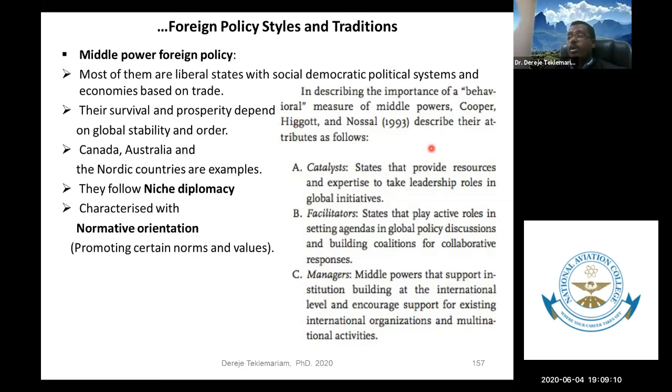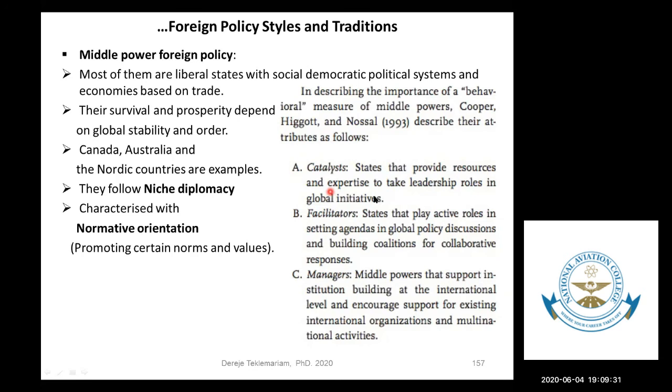And what do they call them? They describe these middle powers in three different categories, or three different qualities. Middle powers, they are really catalysts for the world, they say. These middle powers are catalysts, meaning states that provide resources and expertise to take leadership roles in global initiatives.